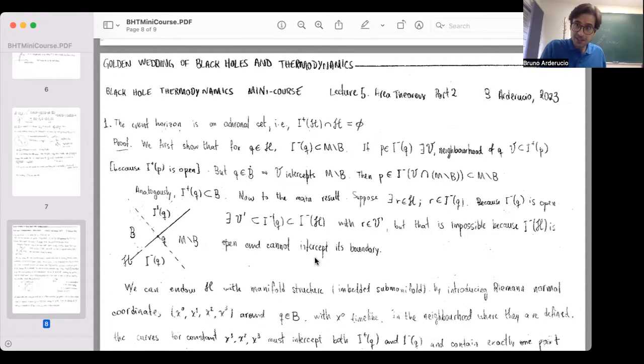So in the horizon, because the horizon is achronal, there can be no pair of conjugate points. And we had that focusing theorem. So you see that everything is starting to tie together toward the area theorem.